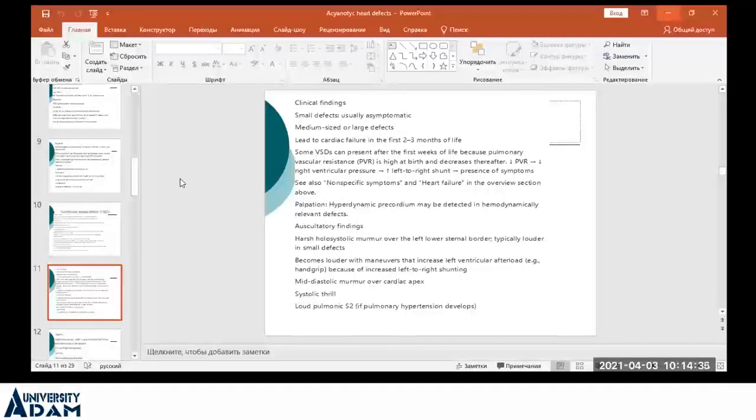Palpation: a hyperdynamic precordium may be detected in hemodynamically relevant defects. Auscultatory findings: a harsh, holosystolic murmur over the left lower sternal border, typically louder in small defects.